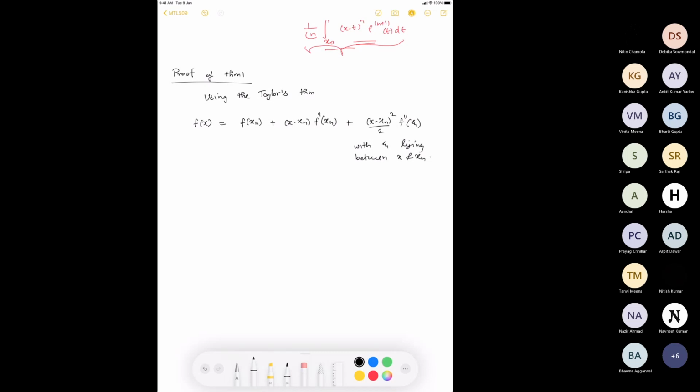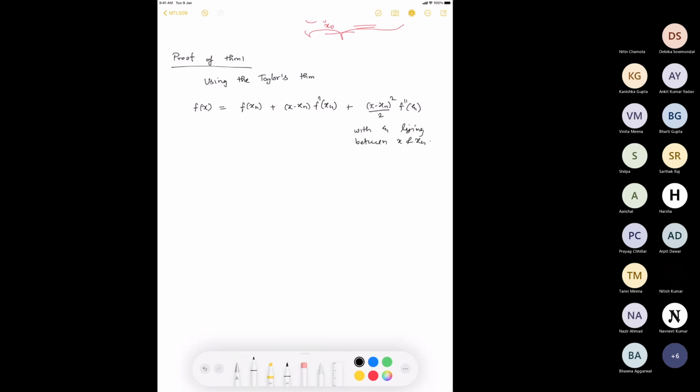Now in particular, I'm going to take x equal to the actual root, which is x star. So if I consider the expansion of f in the neighborhood of x_n, I will get f(x star) equal to f(x_n) plus (x star minus x_n) f prime of x_n plus (x star minus x_n) squared divided by 2 times f double prime.